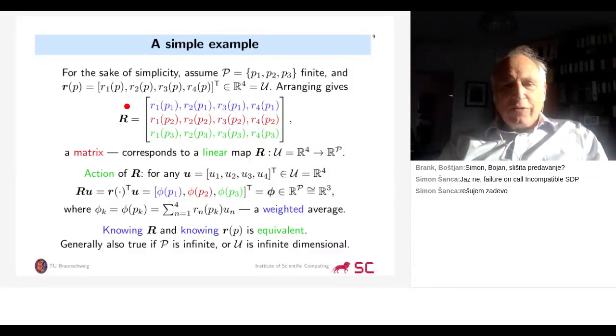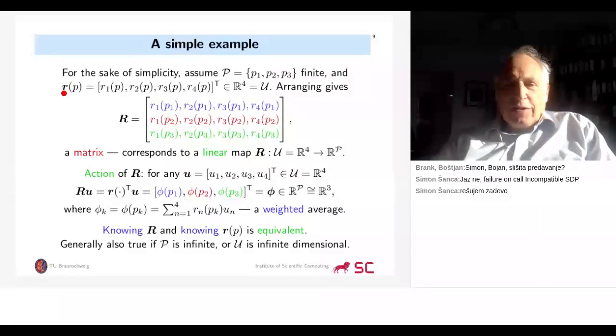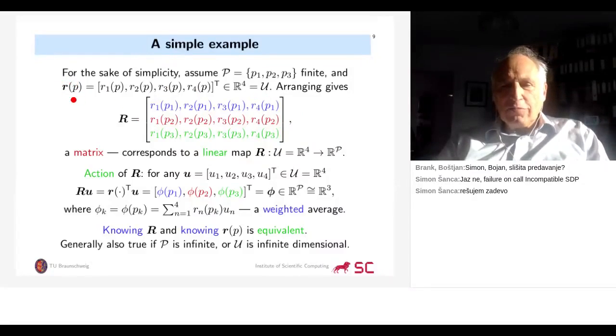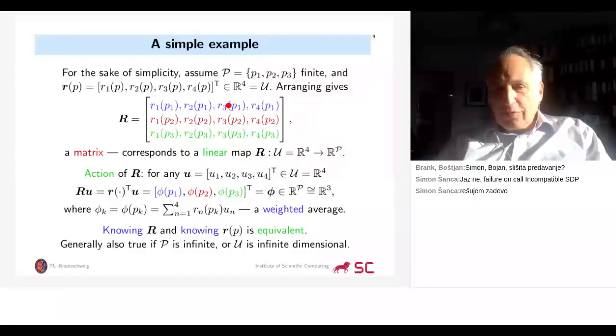And of course, this matrix holds the same information as this function R of P, obviously, because it's all in here. But a matrix, we know, corresponds to a linear map. So this here corresponds to a linear map from R4 to R to the power P, which means all functions from P into R, which is the same as R3.